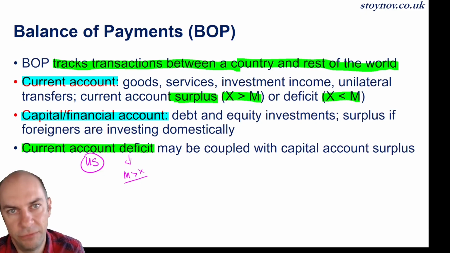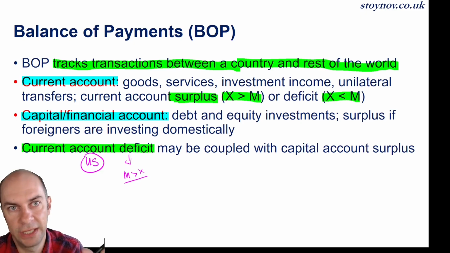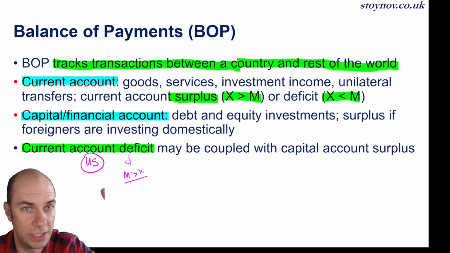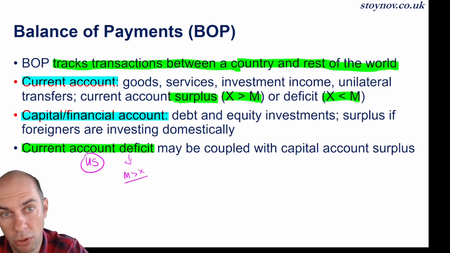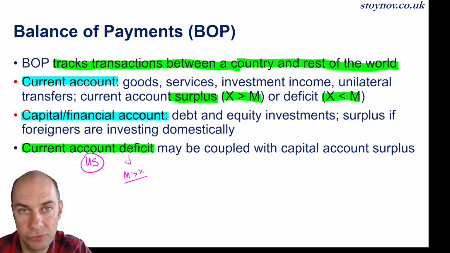And of course, if you're a person, you'd know immediately that the only way you're going to sort that out is by borrowing that deficit. I suppose you could have savings and run them down, but let's say you don't have savings, you'll have to borrow that $500. And that is where the capital account comes in, my friends.